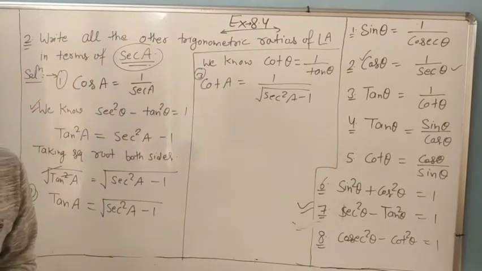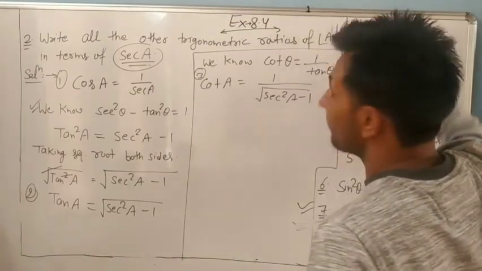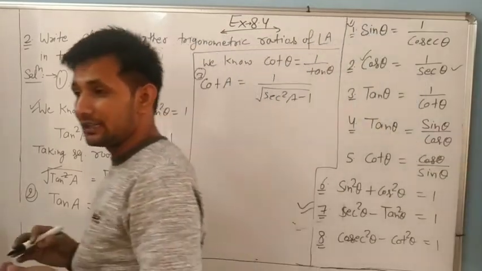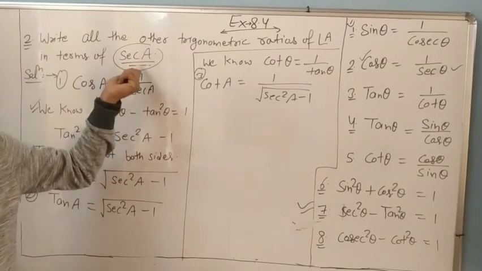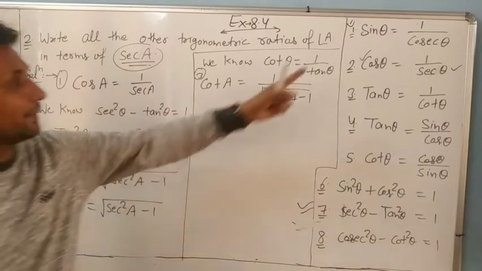Now what remains? Only sine remains. Understand here? Understand or not? No need to write sec because sec is already given in sec. Okay dear? What remains? Sine.